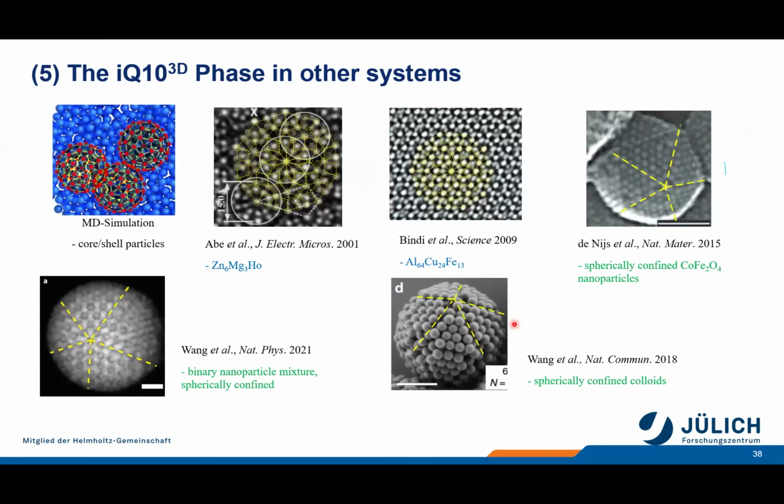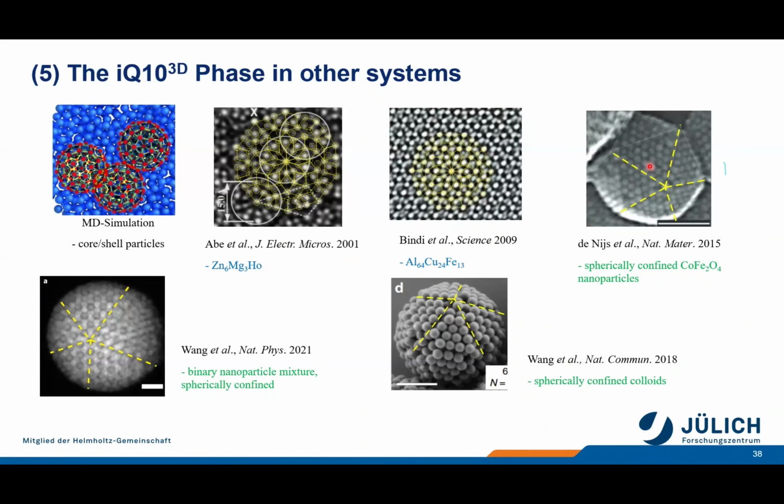Fifth example, because there are lots of enemies who will hate this soft matter guy telling them how quasicrystals form in metal alloys. Again, our MD simulation of the icosahedral phase. And this is high resolution TEM of zinc manganese holmium alloy. This is another situation for aluminum, copper, iron.